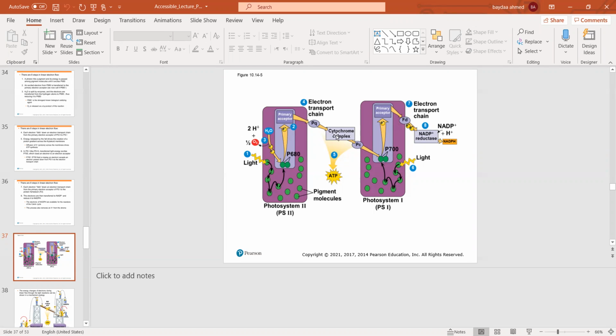Diffusion of hydrogen ions, or protons, across the membrane drives ATP synthesis. Okay, and here in photosystem 1, like photosystem 2, transferred light energy excites P700, which loses an electron to an electron acceptor.